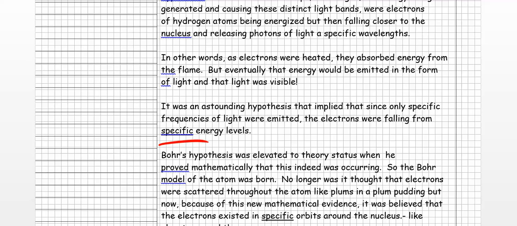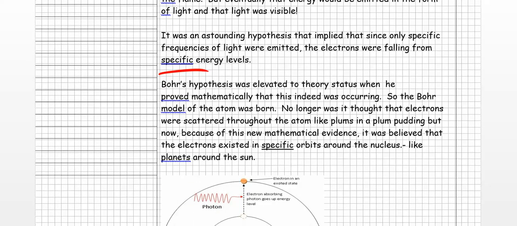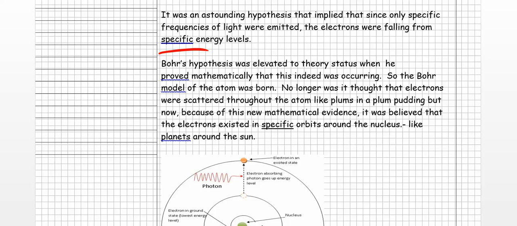Bohr's hypothesis was elevated to theory status when he proved mathematically that this indeed was occurring. So the Bohr model of the atom was born. No longer was it thought that electrons were scattered throughout the atom like plums in a plum pudding, but now, because of this new mathematical evidence, it was believed that the electrons existed in specific orbitals around the nucleus, like planets around the sun.